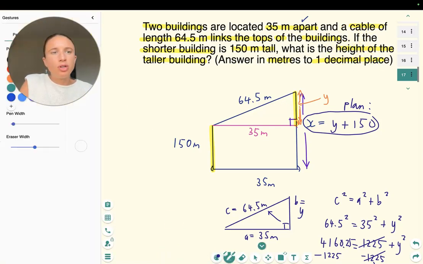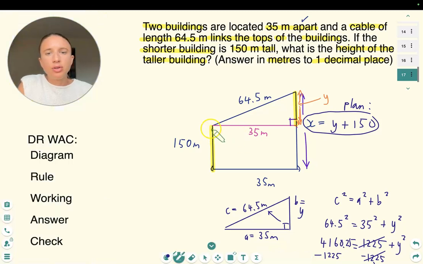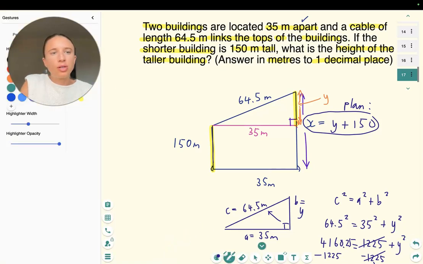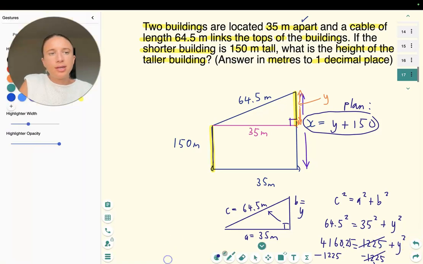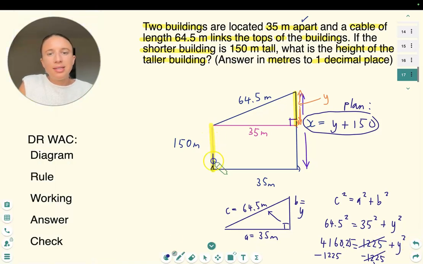It's important to look at your horizontal lengths and look at your vertical lengths. So this plus this will give this full distance.